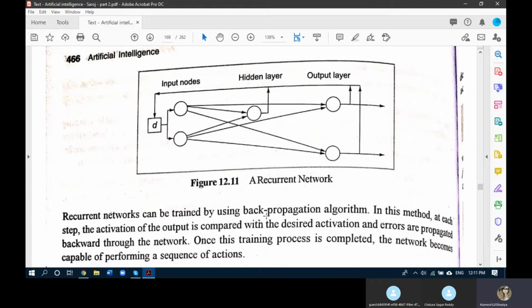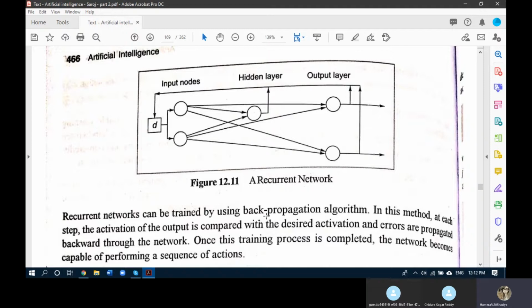And the primary use of back propagation algorithm is to train the network. To train means what? To allow it to learn. How will it learn? It learns through iterations, by updating its weights. When it is updating its weights, it is getting closer and closer to the actual output.